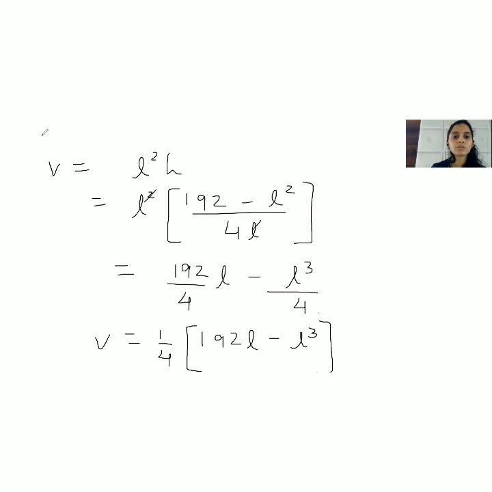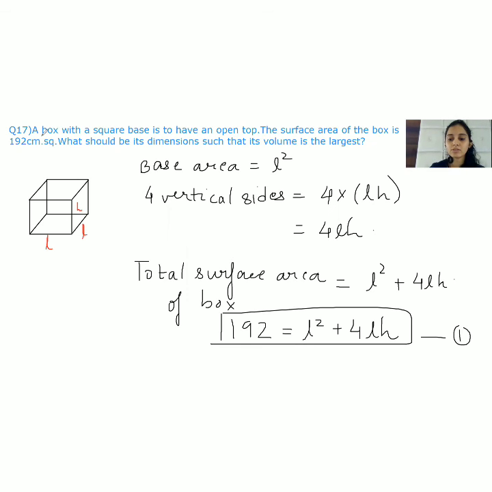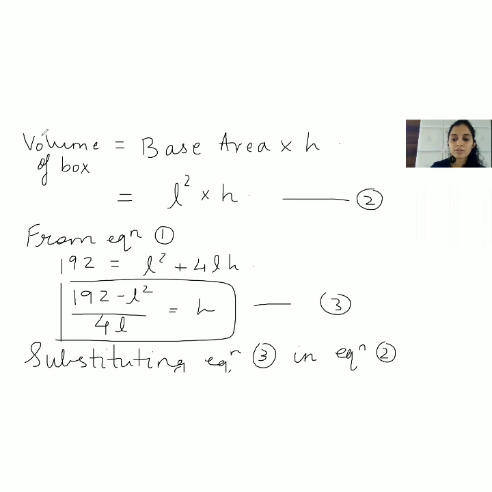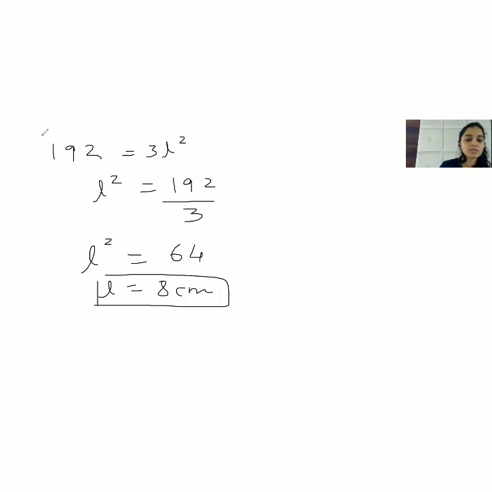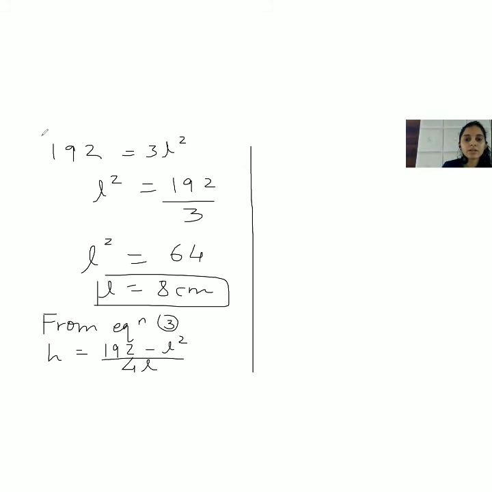The question: what should be its dimensions? So we have to find H also. So H can be written from equation 3, H is equal to 192 minus L square upon 4L. So we have H equal to 192 minus 64, divided by 4 into 8.